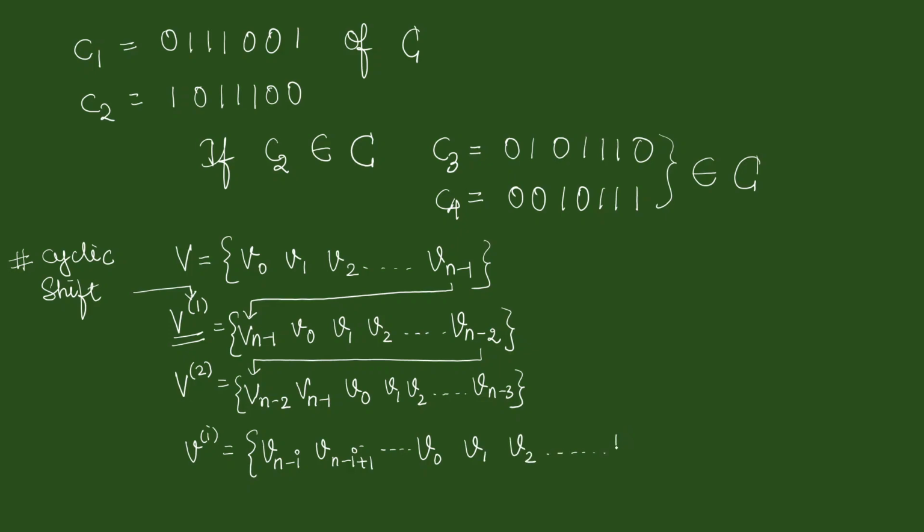The last one would be v of n minus i minus 1. So this is the ith cyclic shift that is obtained, if we are shifting the v vector cyclically and successively. If all these are also code vectors, then we call such a code word set, which belongs to a code set C, a cyclic code set or cyclic code vectors.